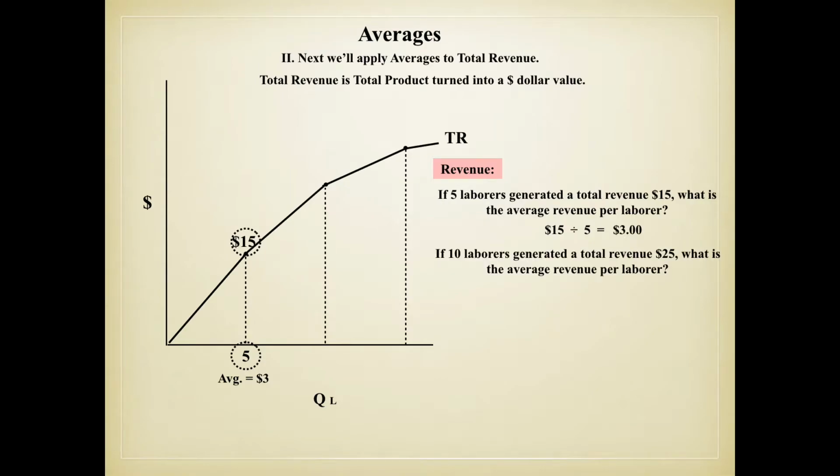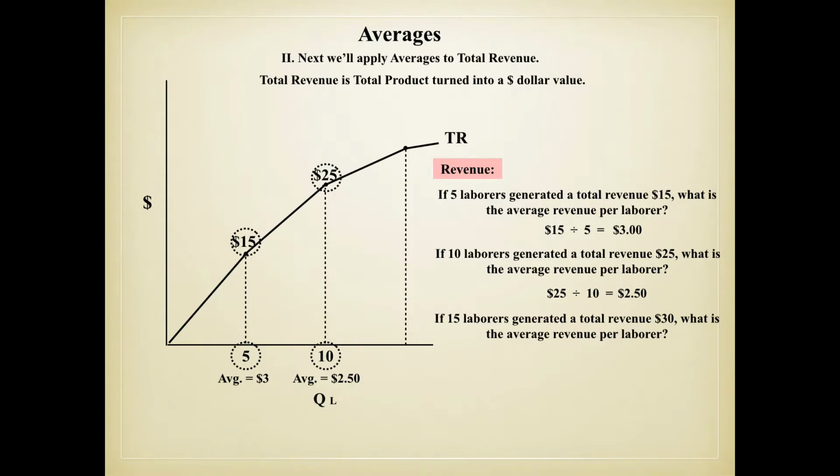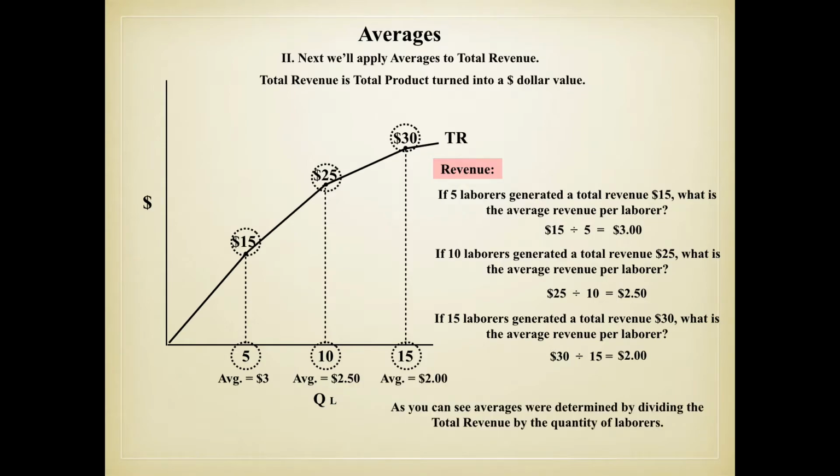If 10 laborers generated a total revenue of $25, what is the average revenue per laborer? 25 divided by 10 equals $2.50. If 15 laborers generated a total revenue of $30, what is the average revenue per laborer? $30 divided by 15 equals $2. As you can see, averages were determined by dividing the total revenue by the quantity of laborers.